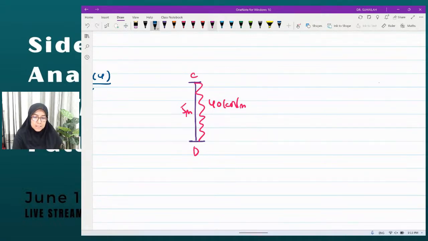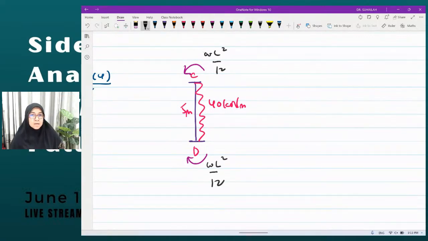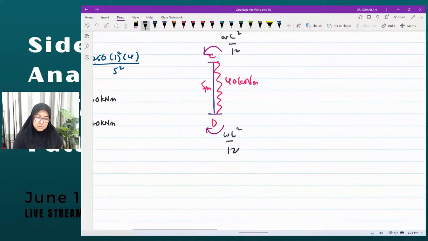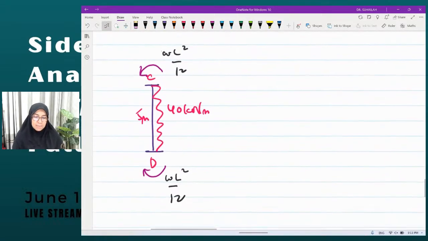So the moment is like this and like this. So we use WL squared over 12, for both. I believe everyone remembers WL squared over 12. Okay, so we calculate the FEM.